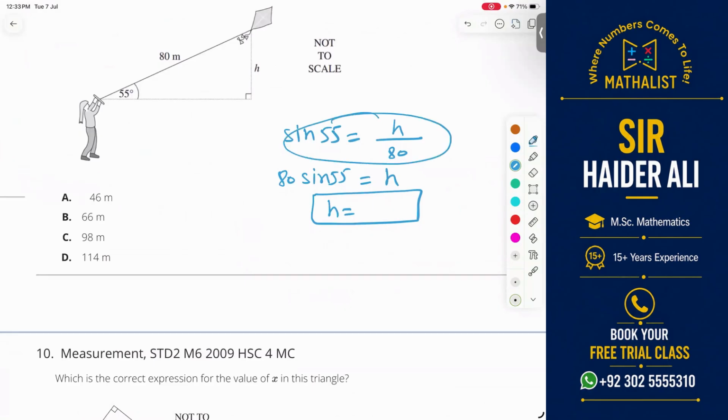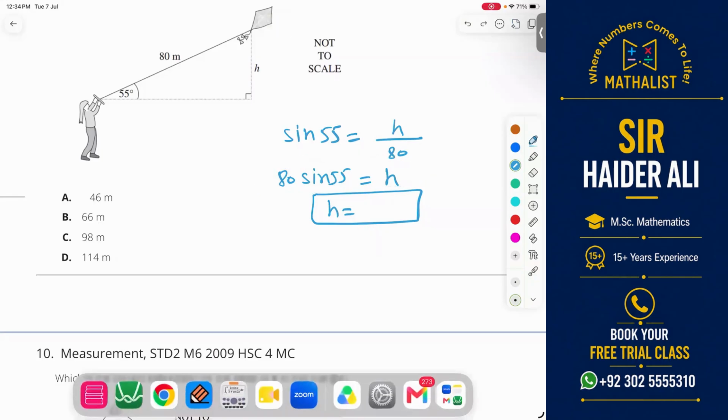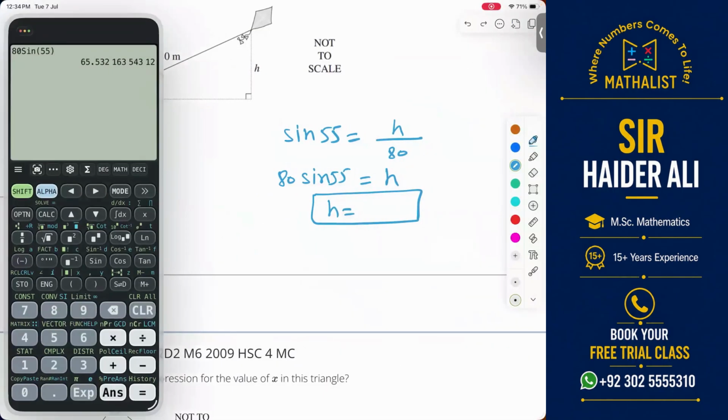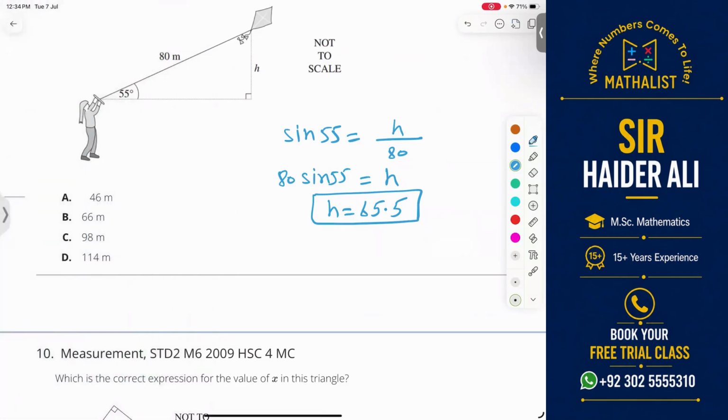This time h is in the numerator, and 80 is in the division, so 80 moves to the other side in multiplication, and then you solve to find the answer. It will be 65.5. That is the answer. Clear? Yeah.